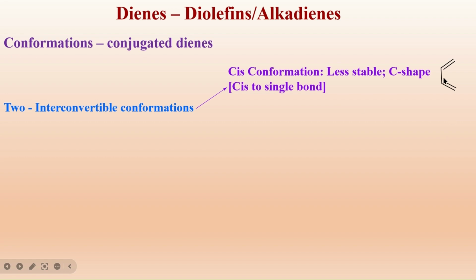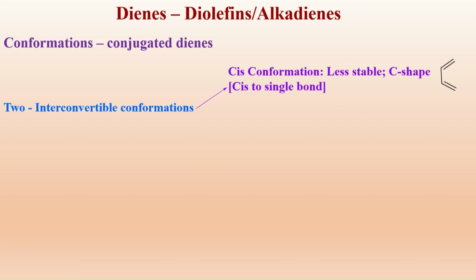The angle between the plane of this carbon-carbon double bond and the plane of this carbon-carbon double bond is 0 degrees, meaning both double bonds lie in the same plane.